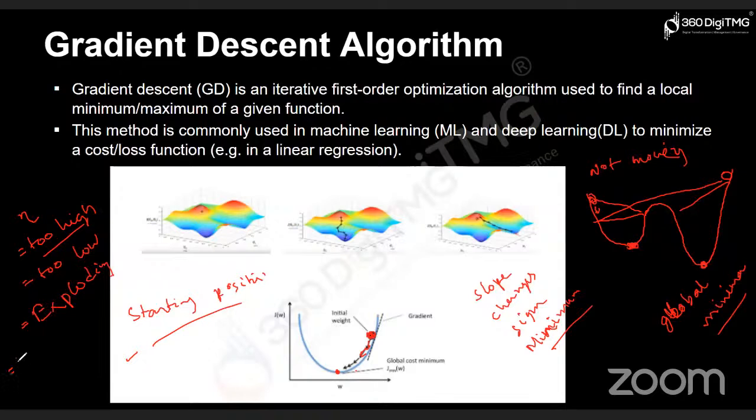This condition is known as vanishing gradients. Vanishing gradients and exploding gradients.